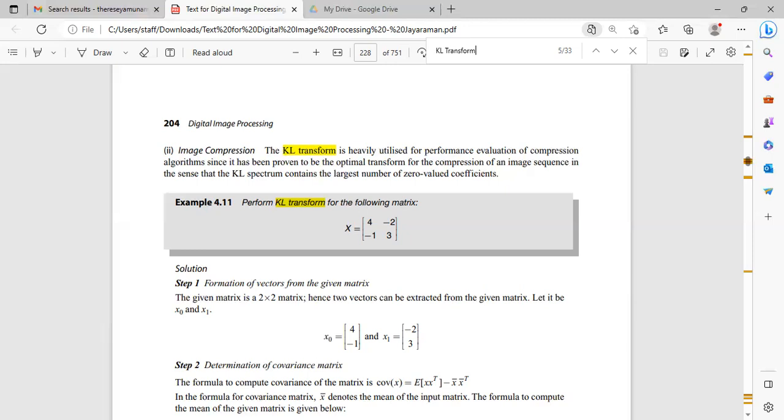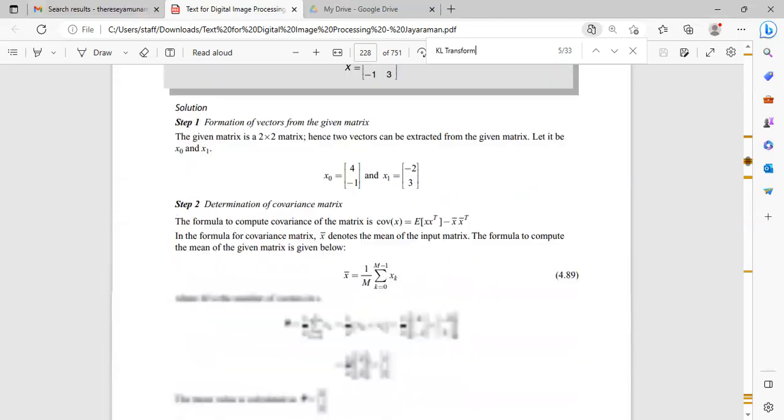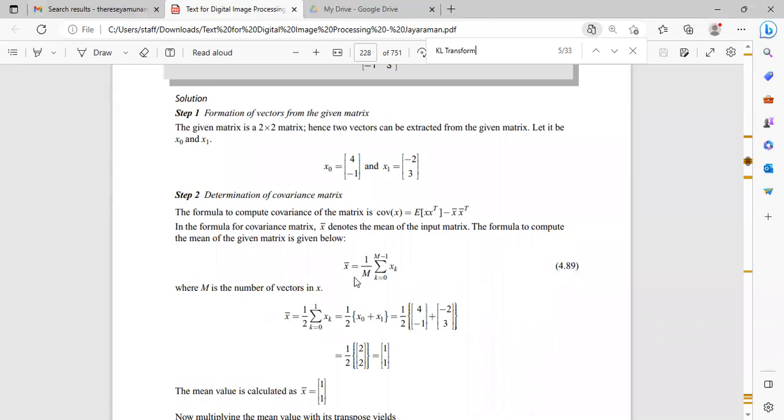X bar denotes the mean of the input matrix. The formula to compute the mean of the given matrix is given below. X bar equal to 1 by M, sum over k equal to 0 to M minus 1, of Xk. So this is the formula to find the mean.